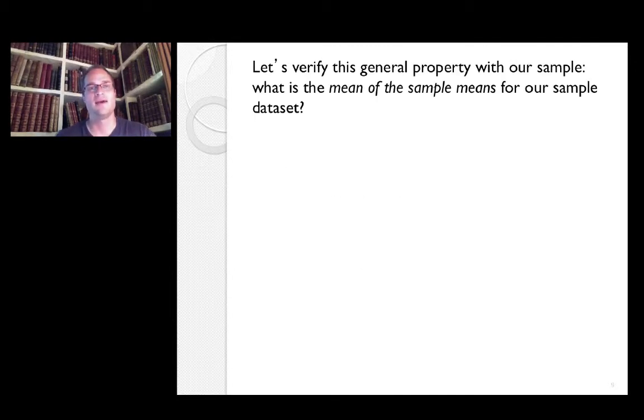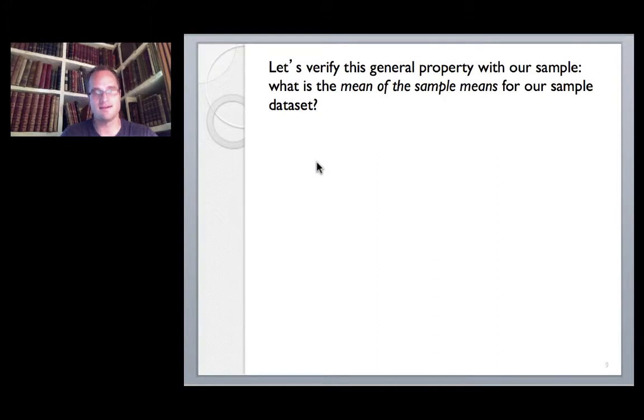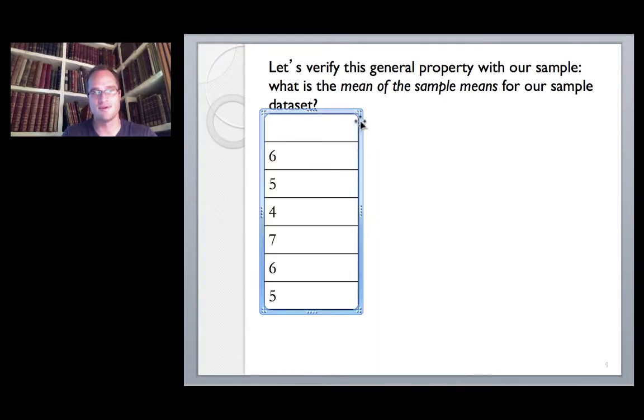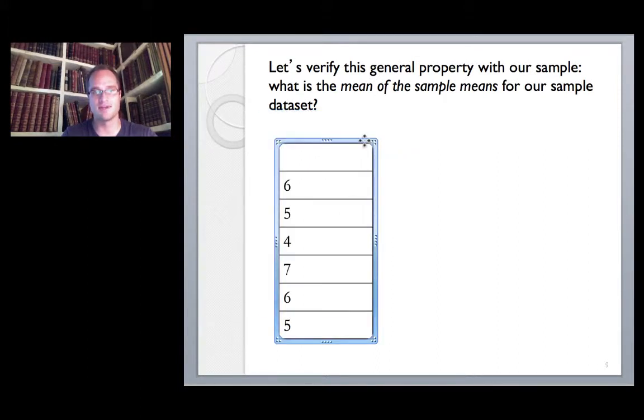Now, to verify this property, all we have to do is take our column that makes up our sampling distribution and find the mean of sample means. Right. So, what are the mean of means? And here, again, is our sampling distribution. This column adds up to 33, and 33 divided by 6 is, again, 5.5.